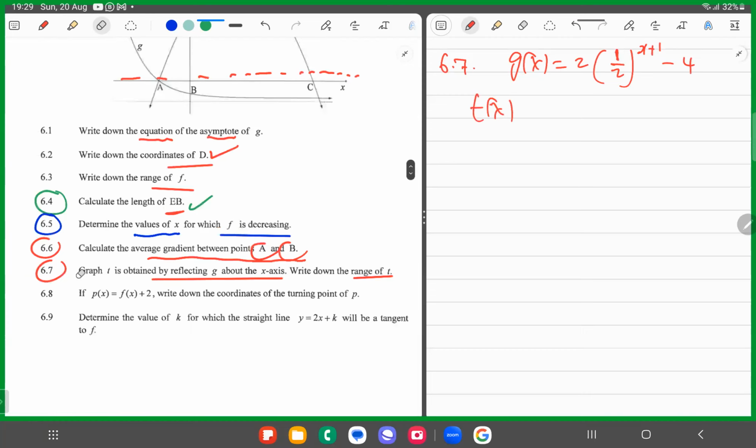The graph t is obtained by reflecting g in the x-axis, which means t is the same as minus g of x. What is g of x?